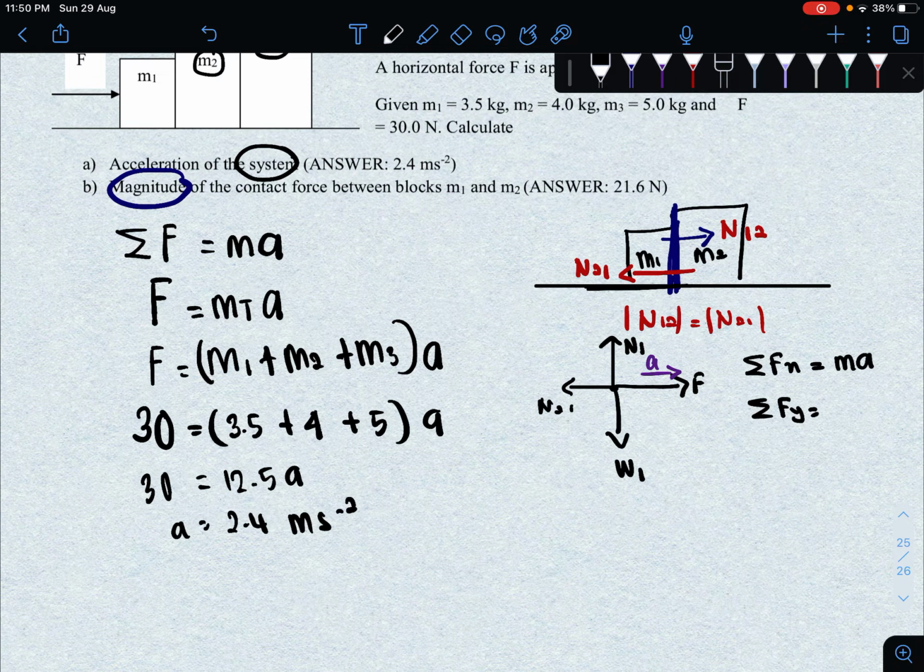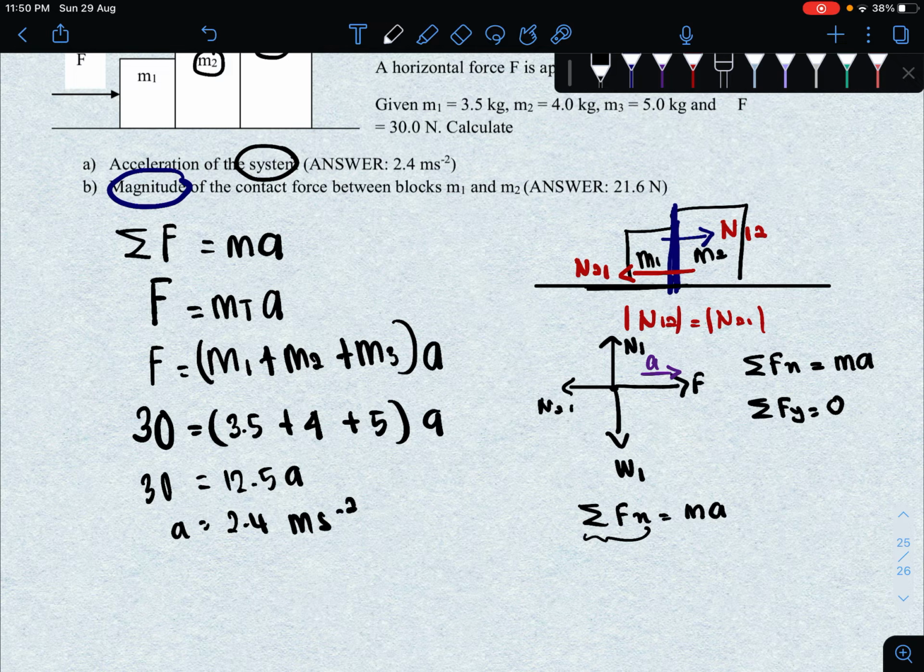Objek kita tak naik turun. So tak ada pergerakan along Y axis. So the total force along Y should equals to 0. Alright, since force yang kita nak cari berada pada paksi X, so I'm going to focus on summation Fx dekat sini. So summation Fx is equals to MA.